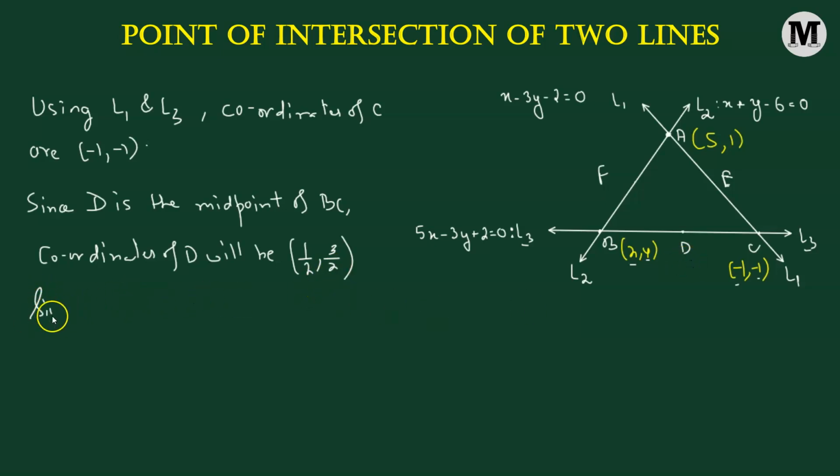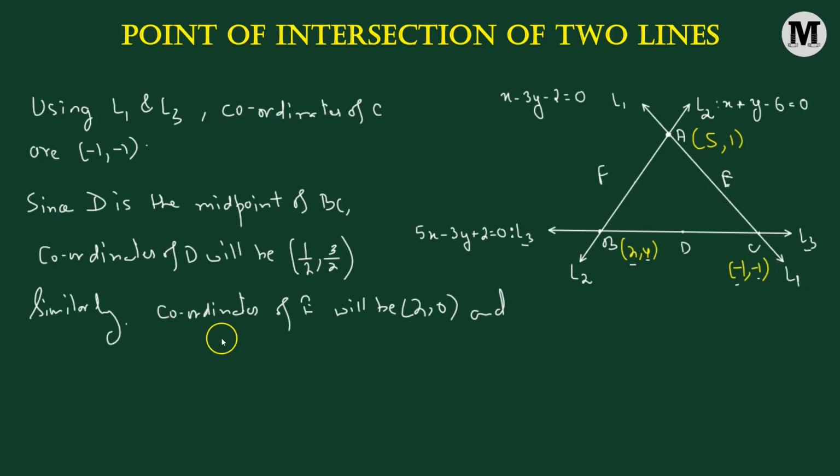Similarly, we can find the other two coordinates. Similarly, coordinates of E will be, so we have 5 added to -1, so that's 4, so it's going to give us 2. And then we have 0, so 2, 0.